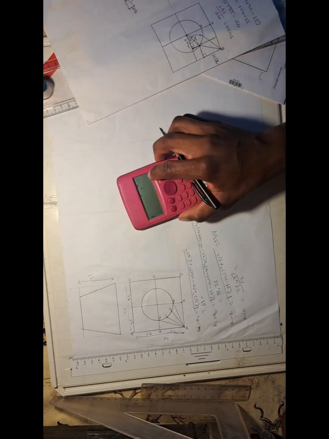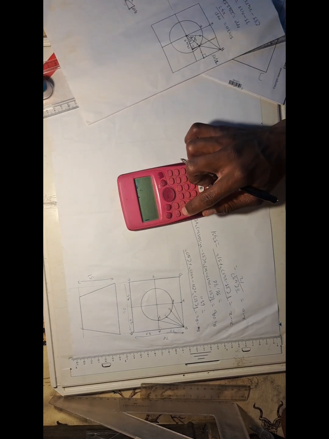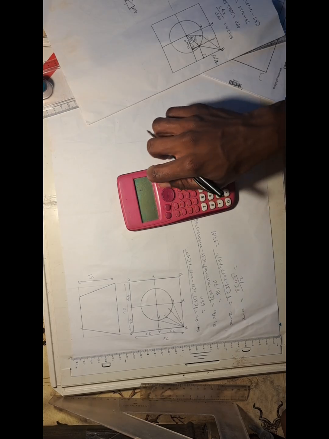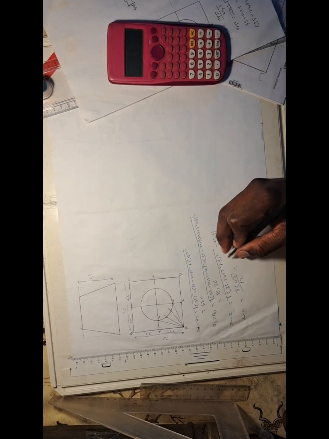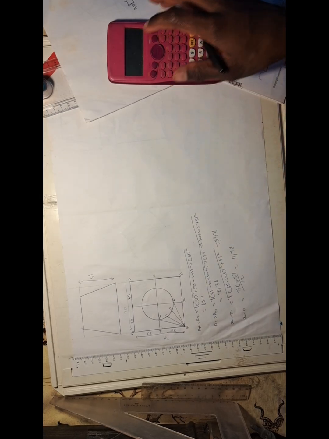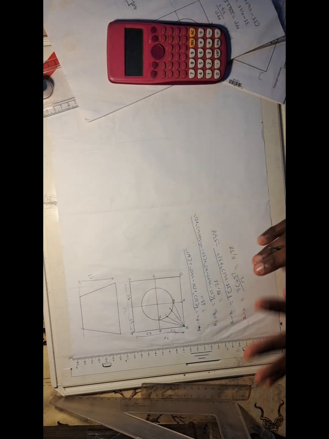Pi diameter over 12. So it's going to be pi, and this is going to give you 11,78. Now we are done with our calculations.